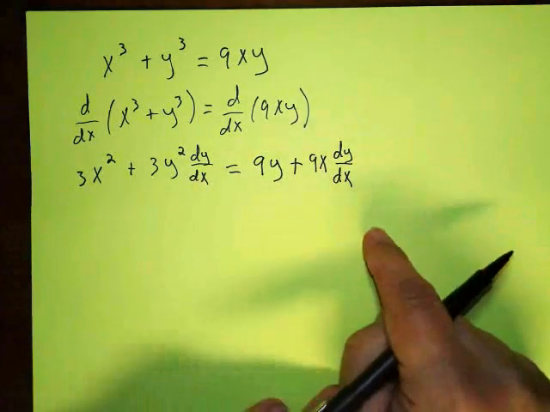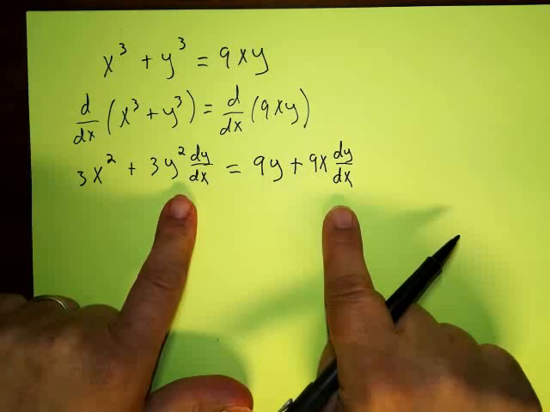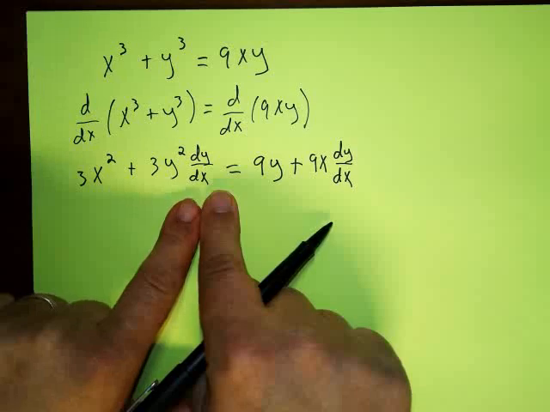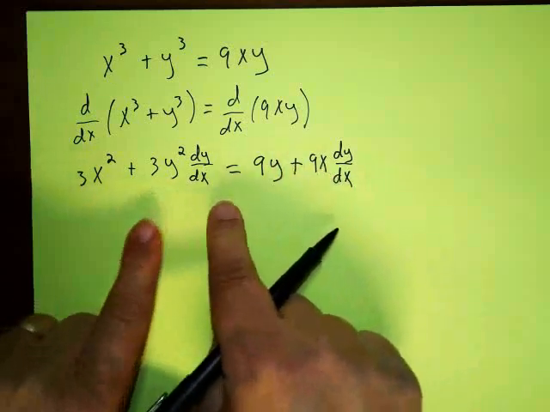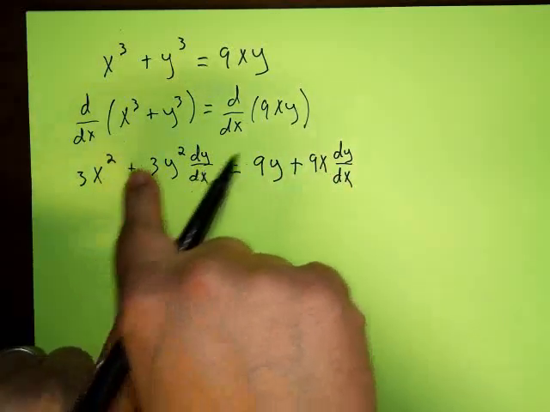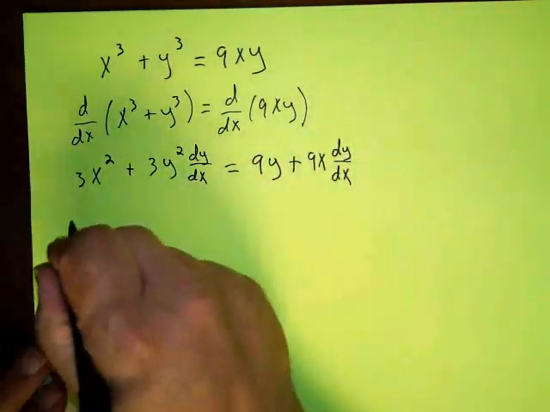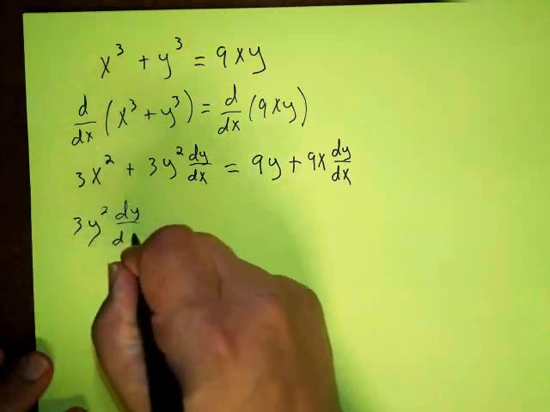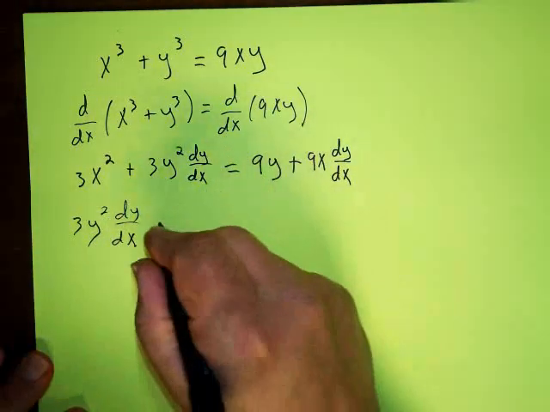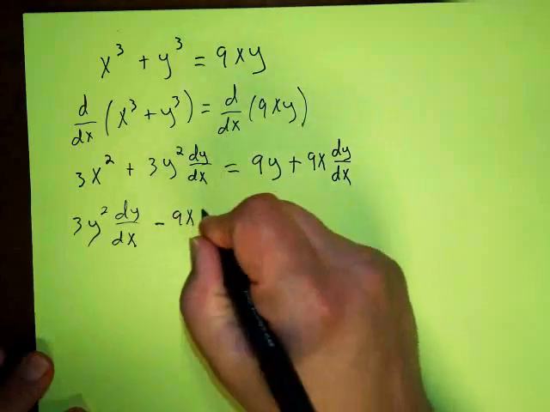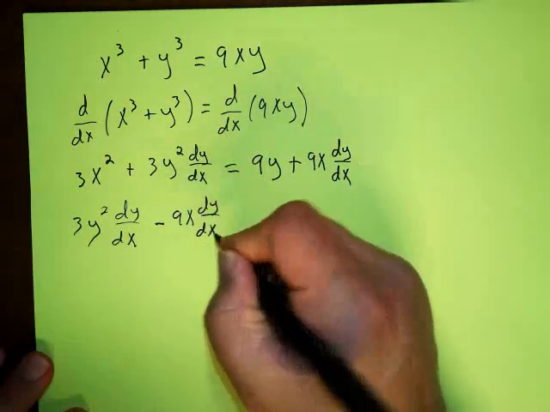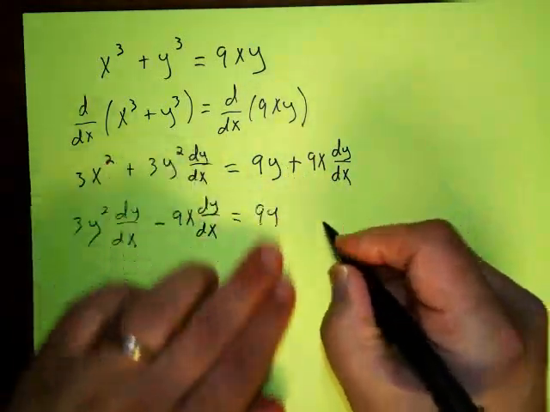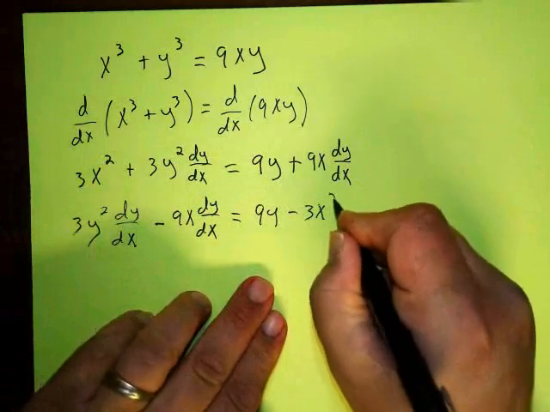So now what I've got to do is solve for dy/dx. The way I do that is I bring all the terms that have a dy/dx over to one side, and then all the terms without a dy/dx to the other side. So in doing that here, I get this. So I'm going to bring this over. And this is 9y, I'm going to bring the 3x squared over to this side.